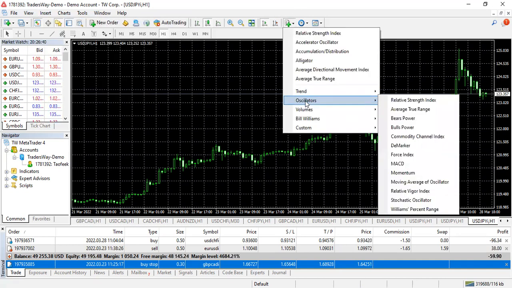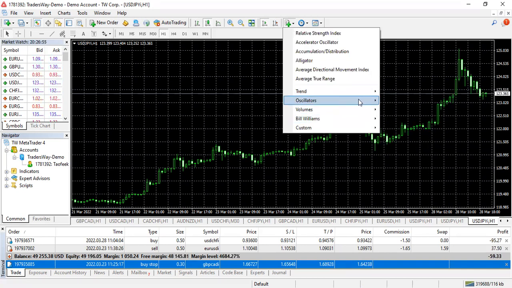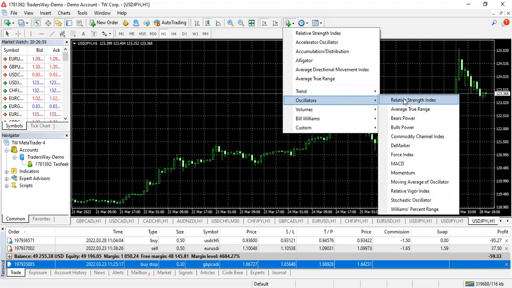Any trending indicators like this are lagging indicators. And any indicators that are under oscillators are leading indicators. Here are lagging indicators.